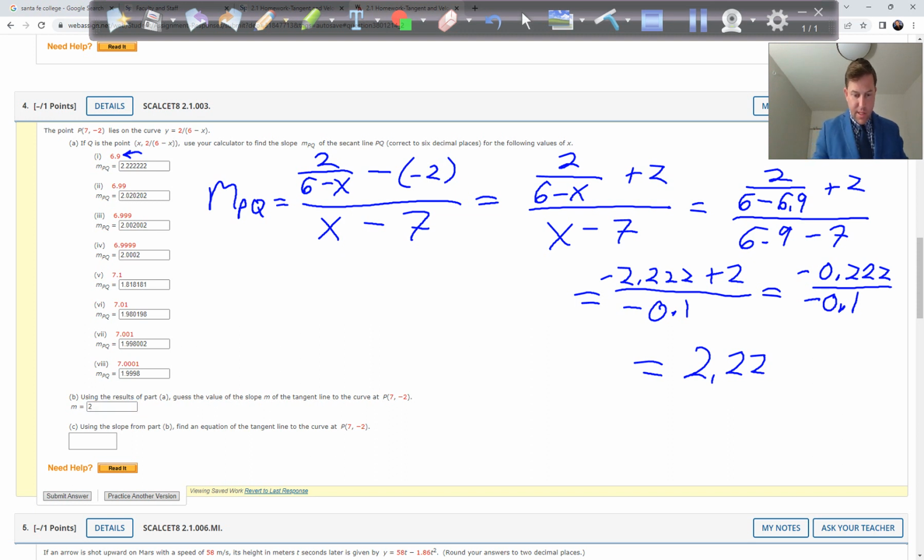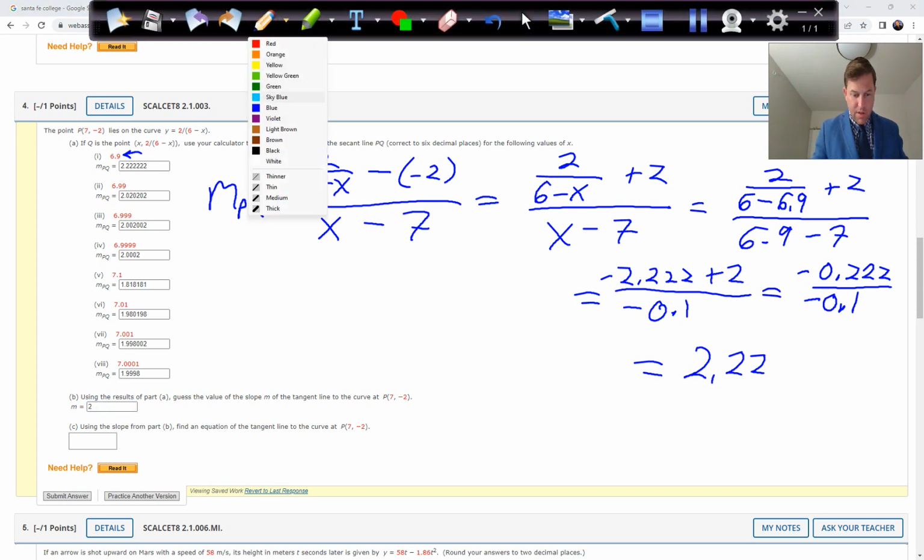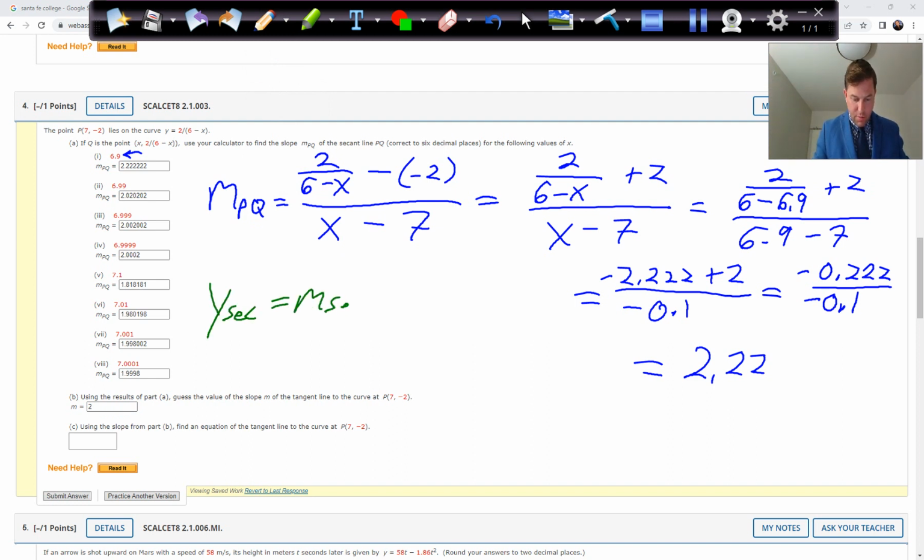Okay, then they want us to calculate the actual equation for the secant line. So the equation for the secant line is equal to the slope of the secant line times x plus some b. And they give us the point (7, -2). So that's x and that's y of the secant line. So we plug in minus 2.